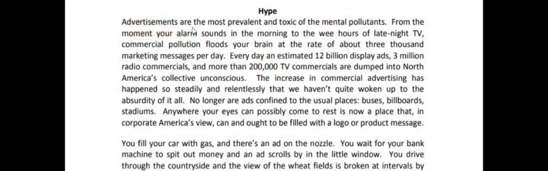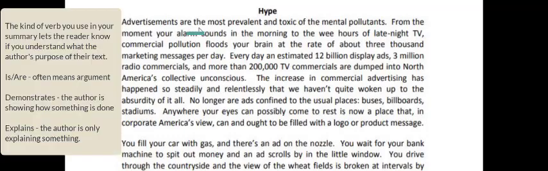Here they say "are," right? When we look at verbs like this, they will generally tell us what they're going to do in the passage. If they're saying "are" or "is," it usually means, like in math, an equal sign. They're telling you what they think about advertisements. So advertisements equal, according to the author, the most prevalent and toxic of the mental pollutants, okay?